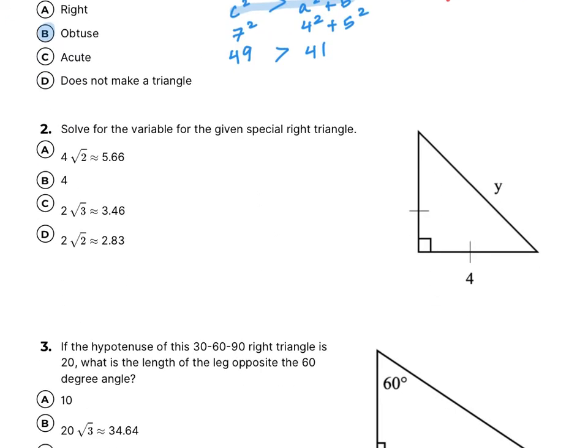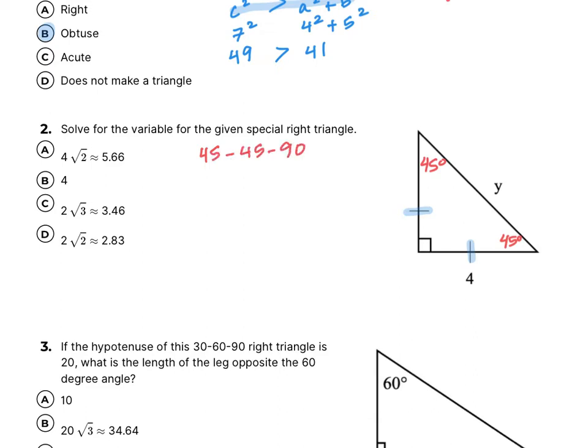For number 2, I'm supposed to solve for the variable for the given special right triangle. The moment I see that there is a tick mark on both of those sides, that means that this special right triangle is going to be the 45, 45, 90 degree triangle.